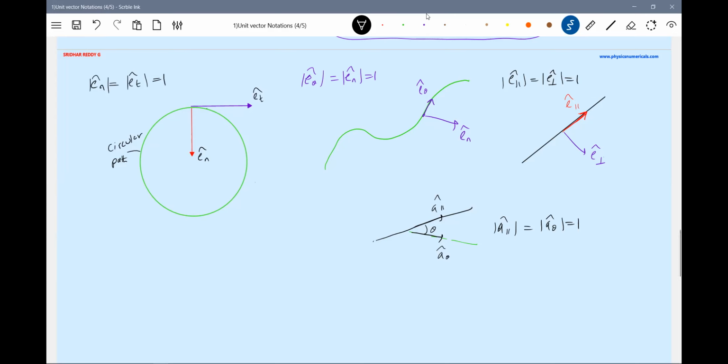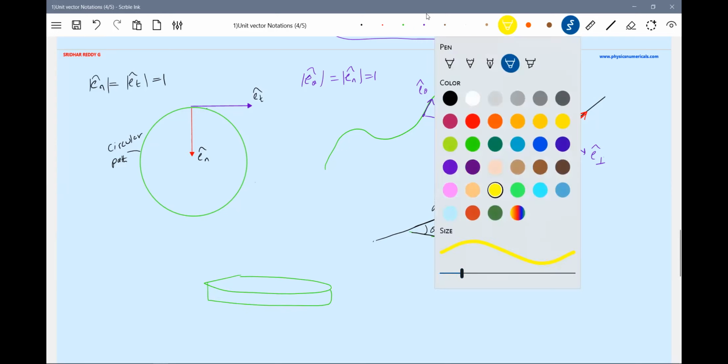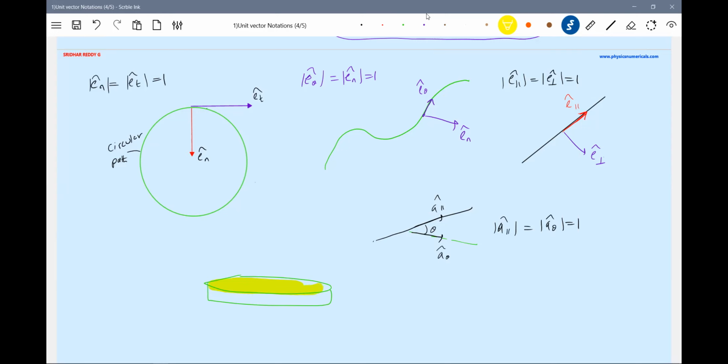Even if there is a certain disk, suppose it is a rotating disk, here again we can bring in different unit vectors. There is one direction. Here I'll bring one unit vector along the axis, A cap.